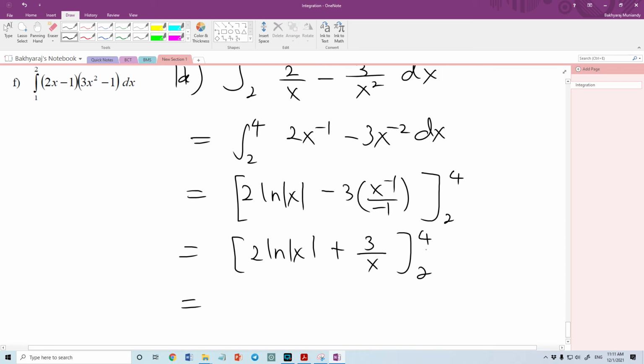Now you can go for the substitution. So program your calculator: 2 log x plus 3 over x. When you put 4, you get 3.52.